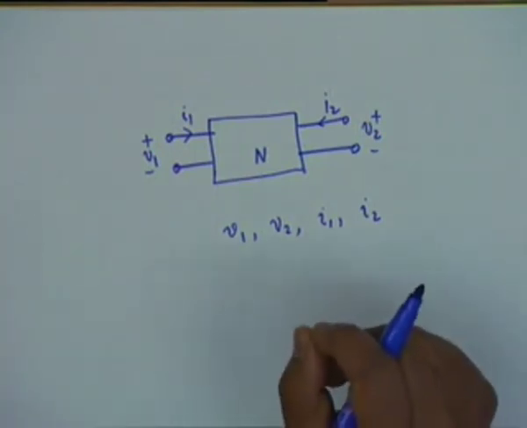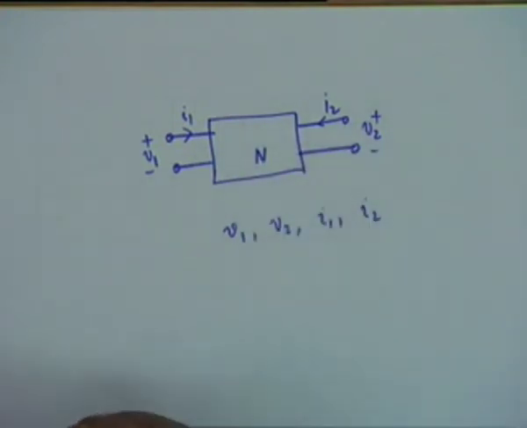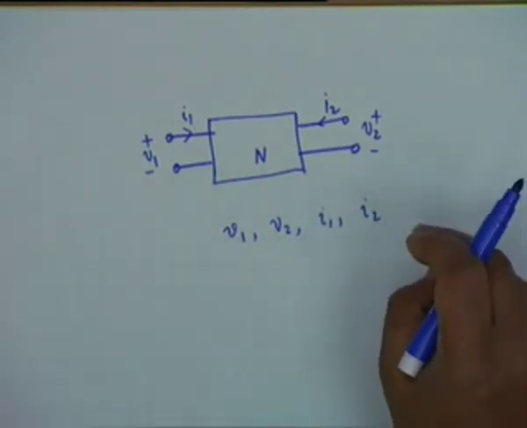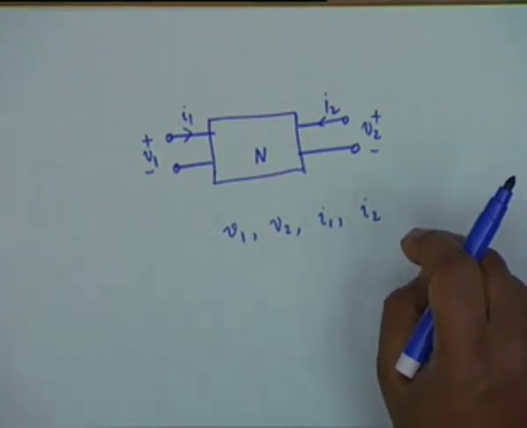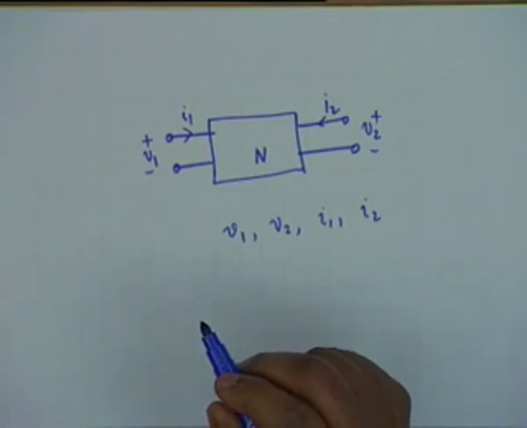The other two shall then be determined from the characteristics of the network N. Is this clear? There are four quantities, four variables, of which two can be independently specified. The other two will be determined by the characteristics of the network.